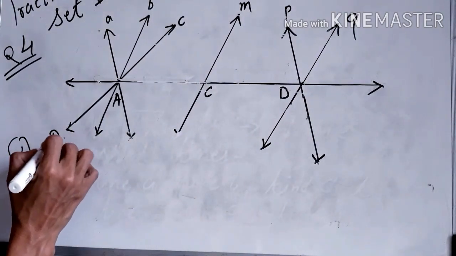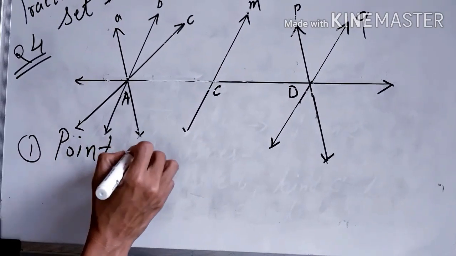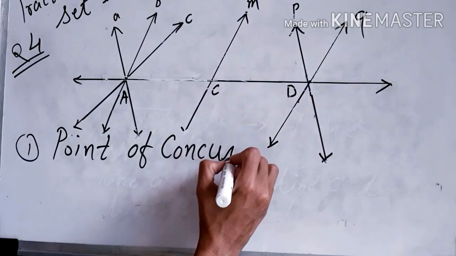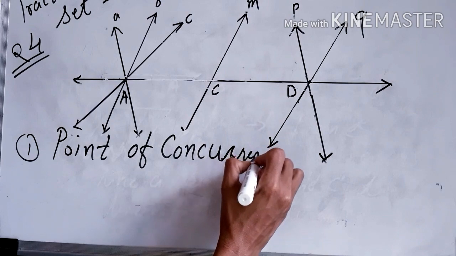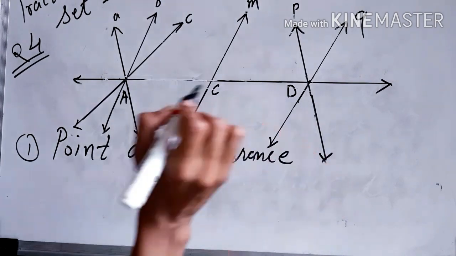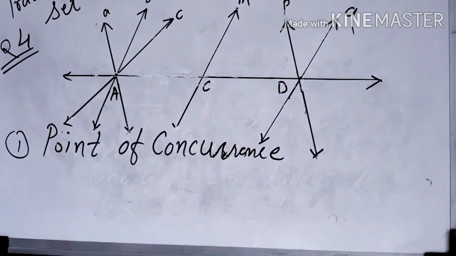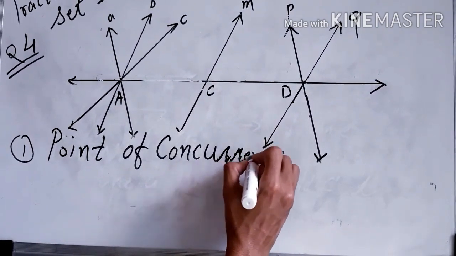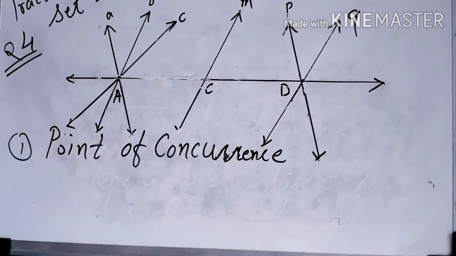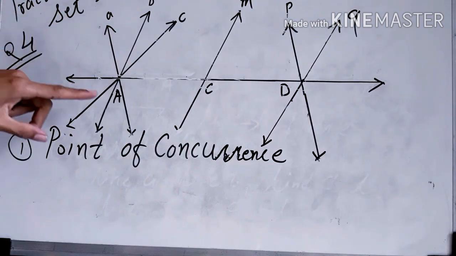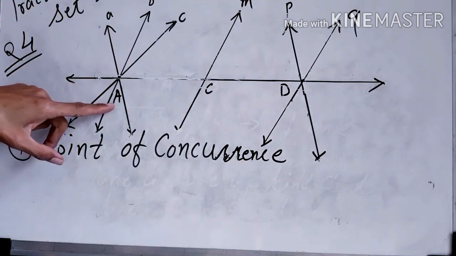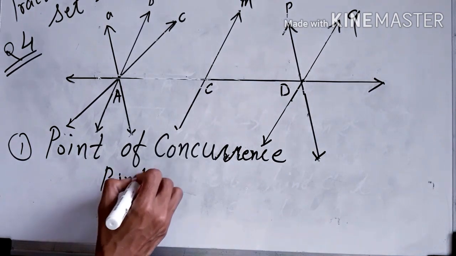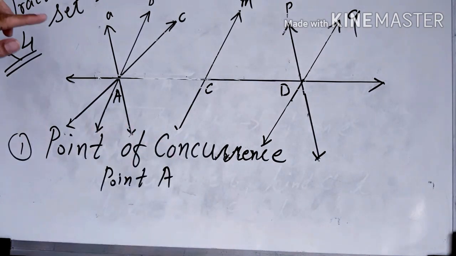So which is the point of concurrence here? See, line A, line B, line C meet at point A here. So point A, you can say, is the point of concurrence of these three lines.